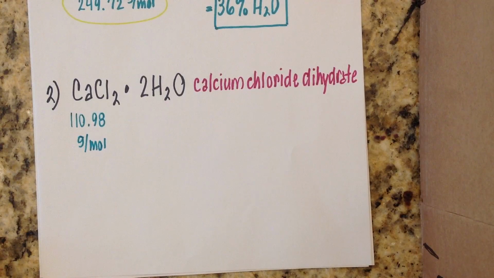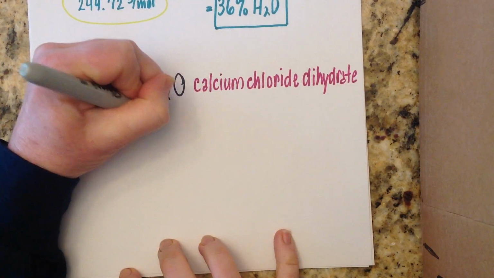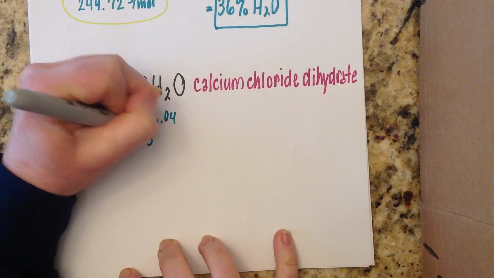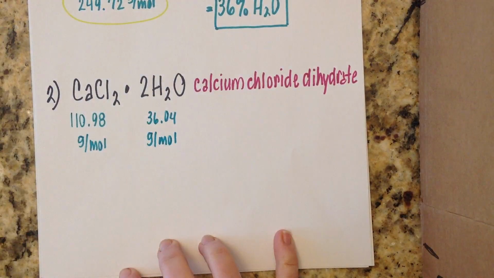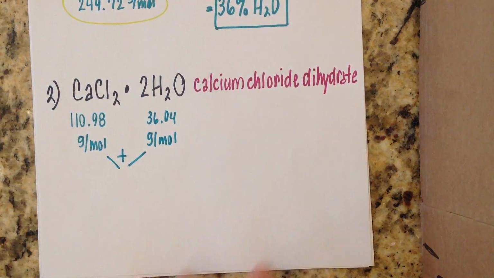So I'm going to say 18.02 times 2, and that gives me 36.04 grams per mole. I should have known that off the top of my head.